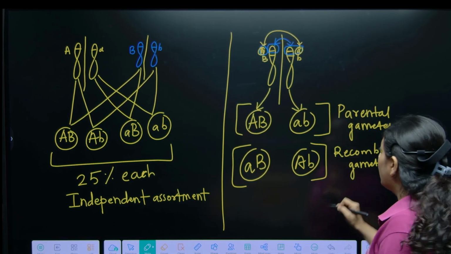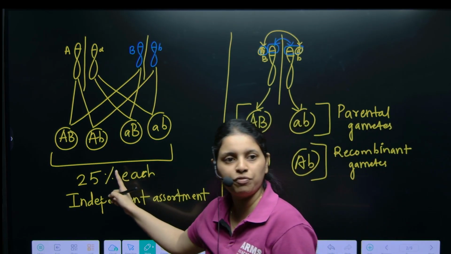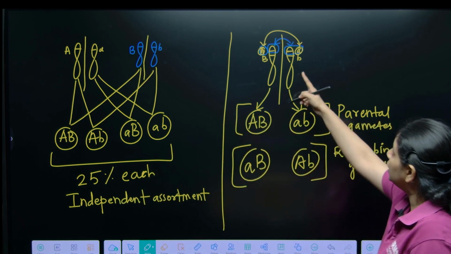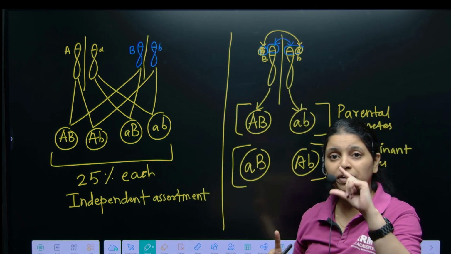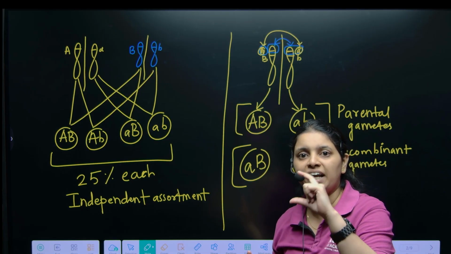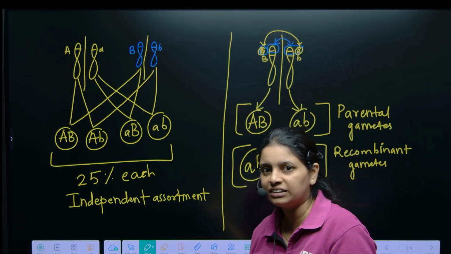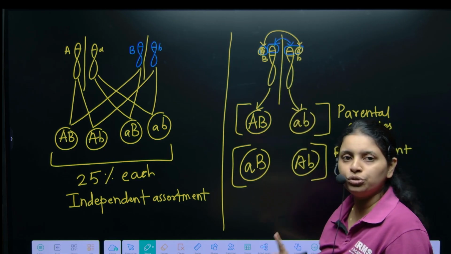Okay? Now, these are the four types of gametes, same as we have seen in the first case of independent assortment, but as the genes A and B are present on the same chromosome and we have also drawn it very close, right? Both genes A and B are very close to each other. So, what is the chance that crossing over process occurs right between these two genes?